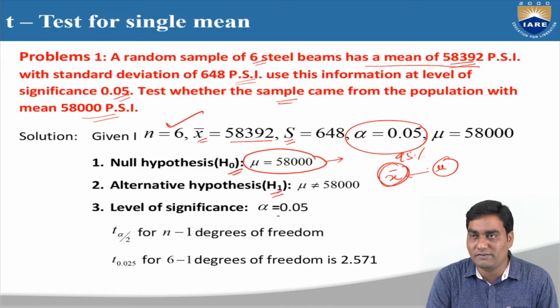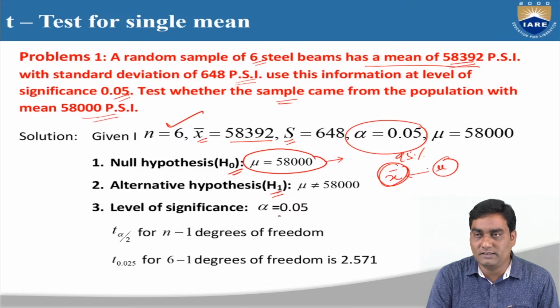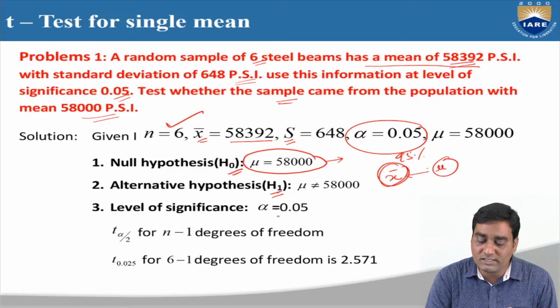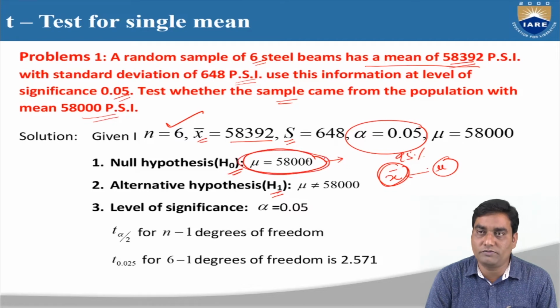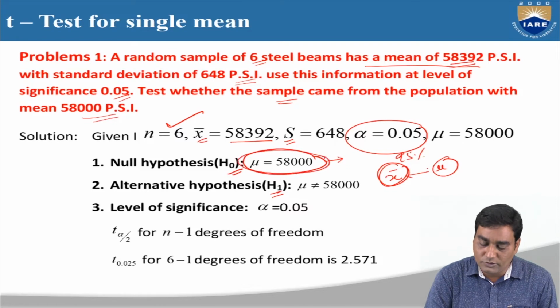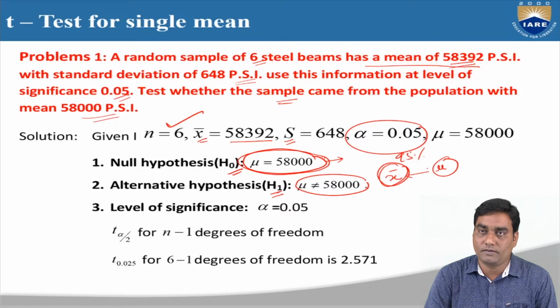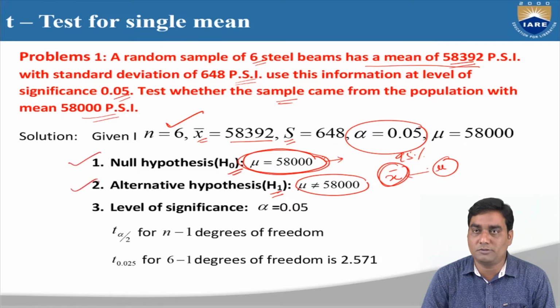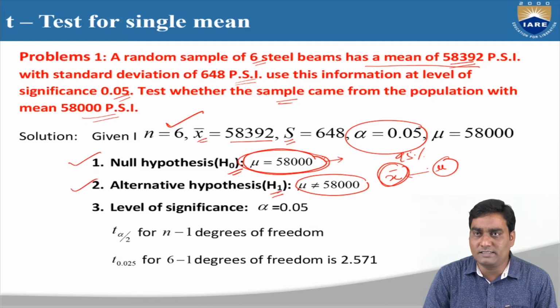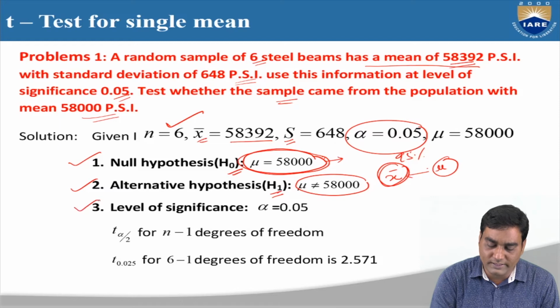Whatever the statement given, we assume that the statement is false. What is the statement? The sample came from the population with mu equal to 58,000 psi. So we are going to reject that statement. That means mu not equal to 58,000. These two, null hypothesis and alternative hypothesis, are just our assumptions only. Now go to level of significance.